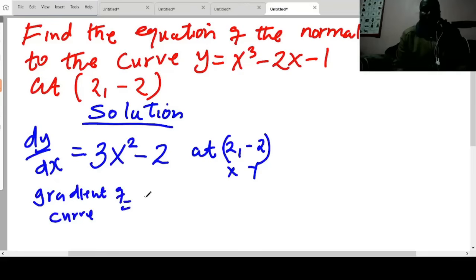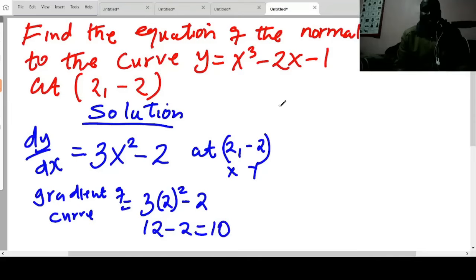So the gradient of the curve will be equal to 3 times 2 raised to power 2 minus 2. This one is 3 times 4, which is 12, minus 2. 2 raised to power 2 is 4. 4 times 3 is 12. And this one is going to give us 10.